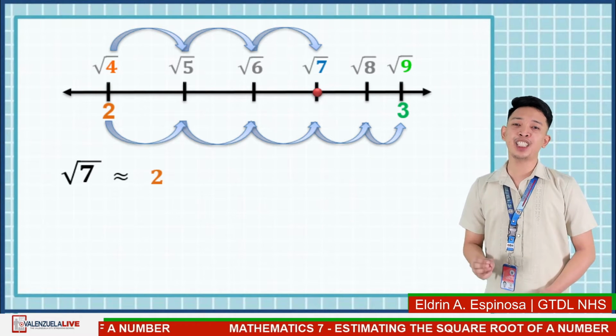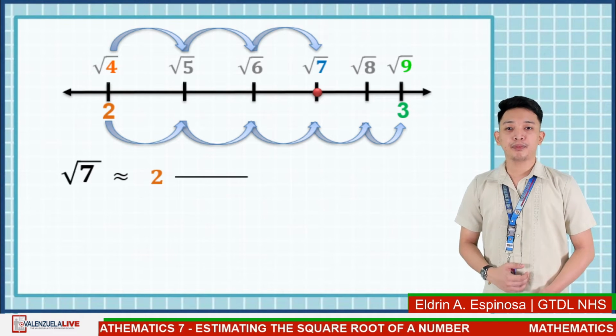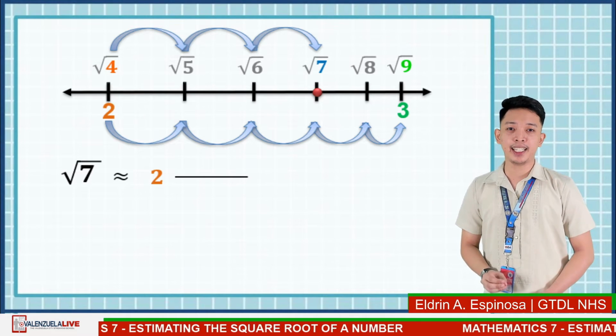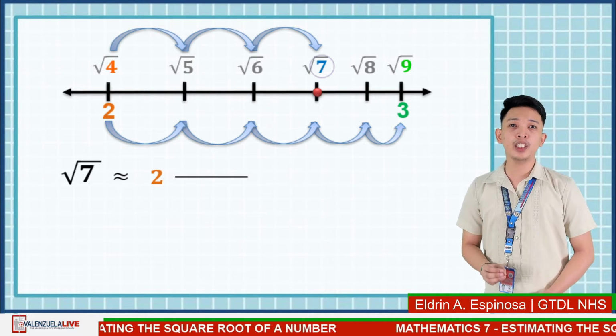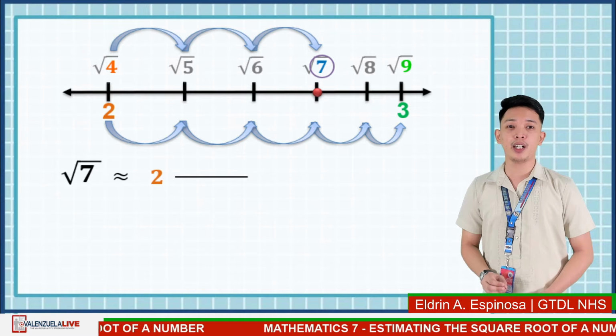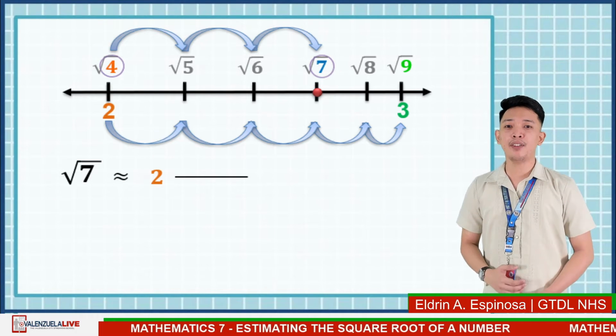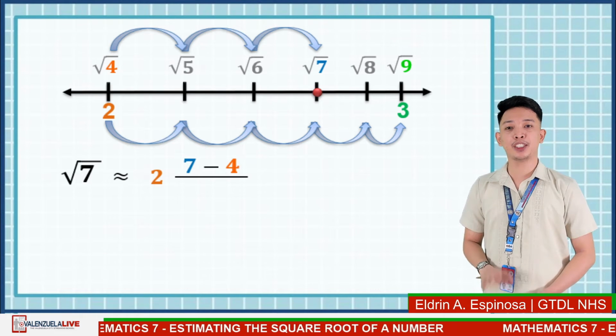Then to get the decimal part for our numerator, just subtract the integer radicand of the given number, which is 7, and the integer radicand with the lower perfect square, which is 4. So we have 7 minus 4.